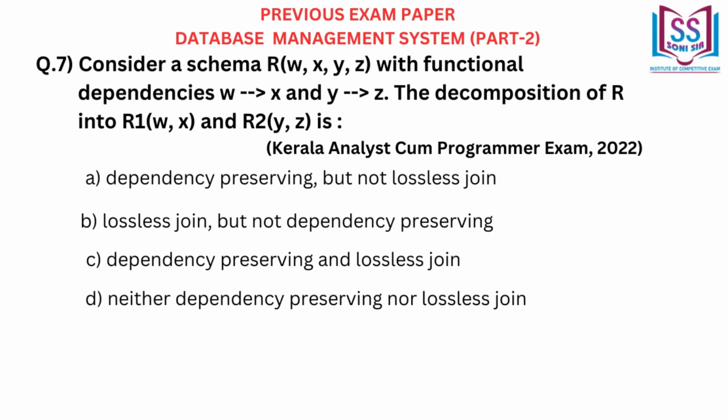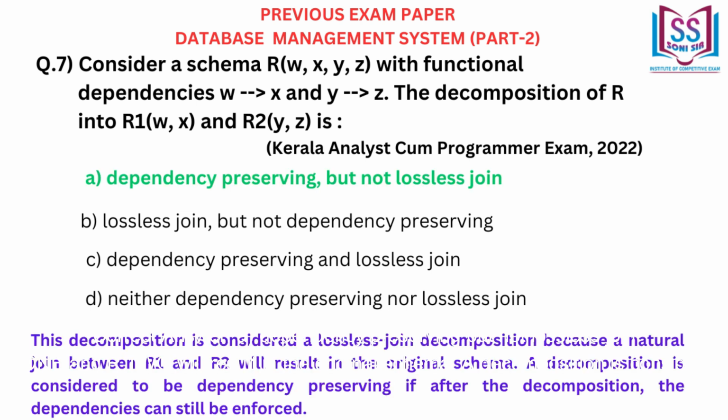D. Neither dependency preserving nor lossless join. Correct answer A. Dependency preserving but not lossless join. A lossless join decomposition means a natural join between R1 and R2 will result in the original schema. A decomposition is considered to be dependency preserving if after the decomposition, the dependencies can still be enforced.